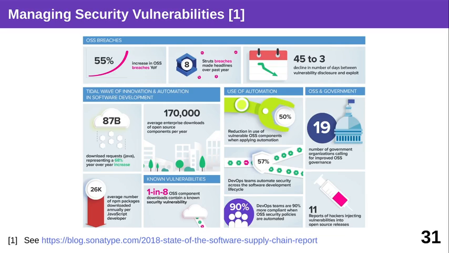So Sonatype can measure by looking at the downloads how often faulty or vulnerable components are downloaded. It's 1 in 8 here. 1 in 8 open source component downloads contain a known security vulnerability. So this is quite real.